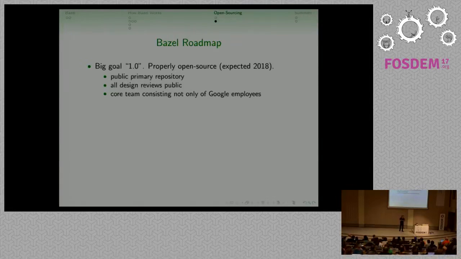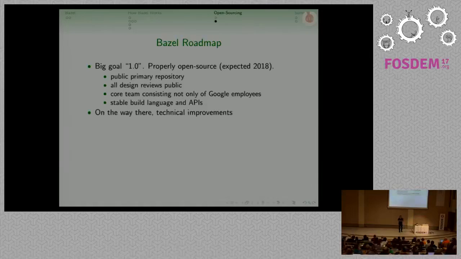Oh yeah, and at the moment the whole core team are persons employed at Google, which, for a true open source project, we hope to also extend. And as I said, a prerequisite for all that is to get things stable and well documented.